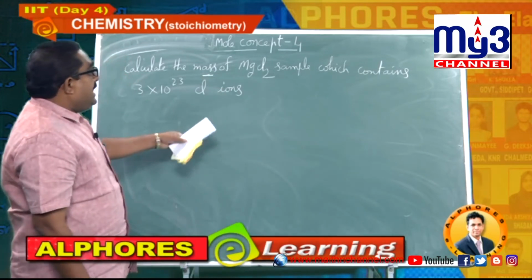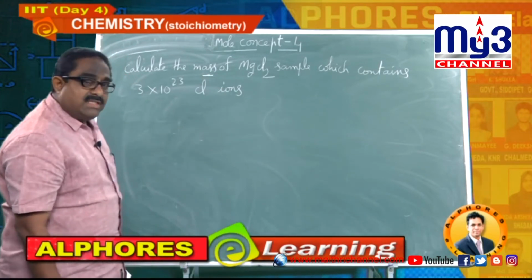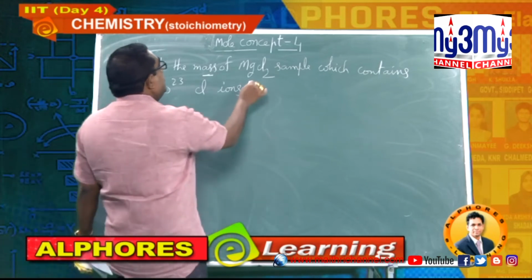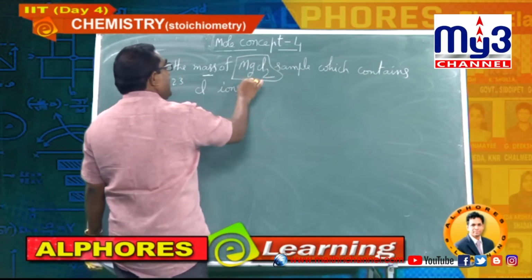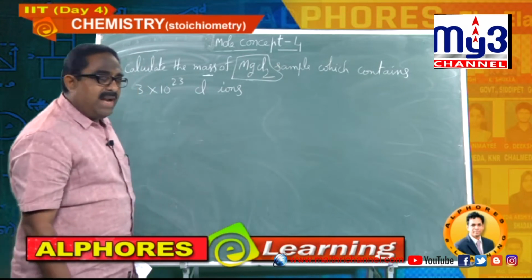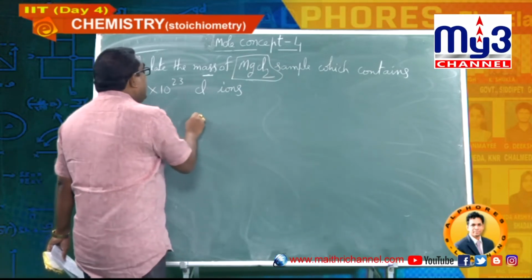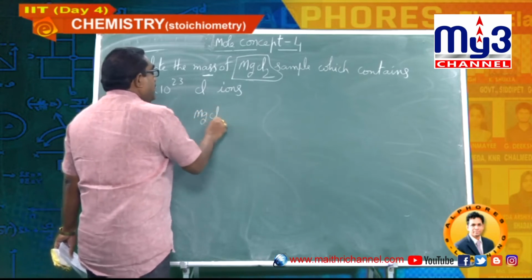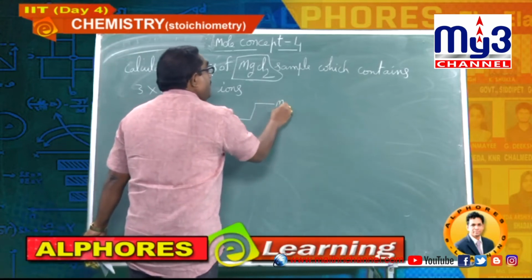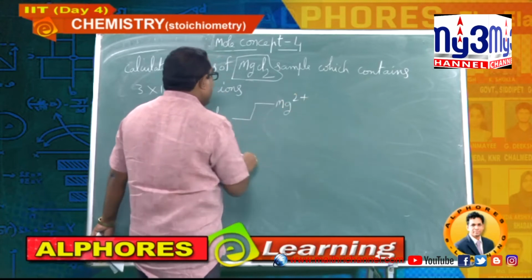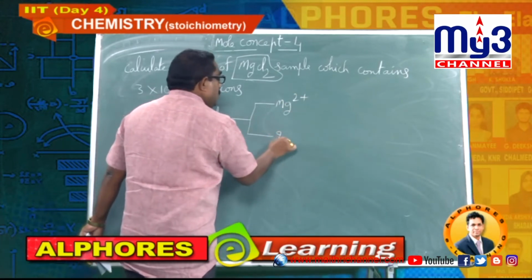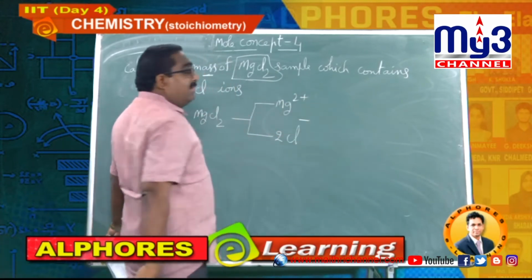Write down the question. Okay, let us solve this question. No doubt the given compound is an ionic compound, magnesium chloride. I can write like this. Magnesium chloride contains 1 magnesium 2 plus cation and 2 chloride ions.